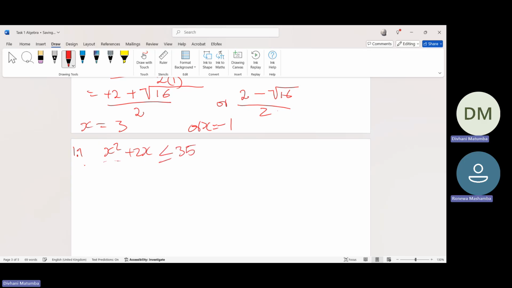This is the statement. You said I must divide by 2. Yes. So should I divide by 2 here also? Yes, sir. And then, I'm not sure how I'd do this one.